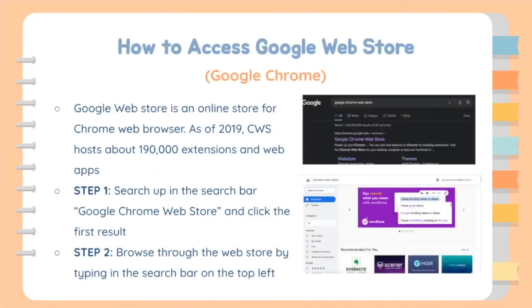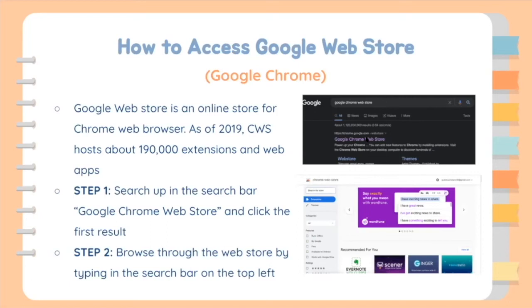How to access Google Web Store. So Google Web Store is an online store for the Chrome web browser. As of 2019, CWS hosts about 190,000 extensions and web apps. So the first step is to search in the search bar for Google Chrome Web Store and click the first result, as you can see in the image on the right.